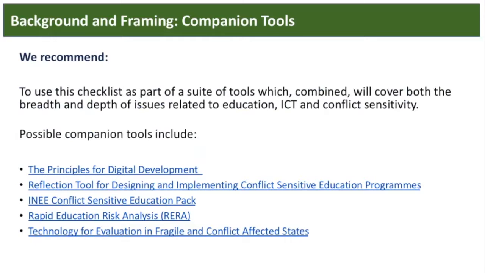A couple of examples of those tools are the Principles for Digital Development, the reflection tool for designing and implementing conflict-sensitive education programs, the INEE Conflict-Sensitive Education Pack, Rapid Education Risk Analysis, and Technology for Evaluation in Fragile and Conflict-Affected States. These are a couple of tools that should be used, and the checklist we are talking about today is a companion tool that should be used alongside those other tools.